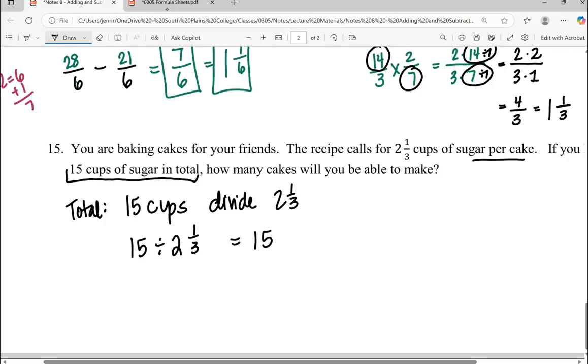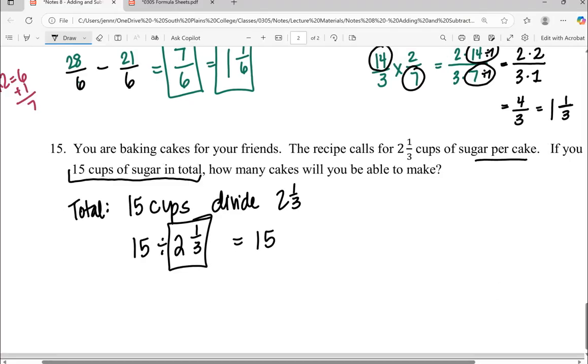First, let's take care of translating or converting that mixed number into an improper fraction. 2 times 3 is 6. If I add that top one to it, there's 7 parts, meaning I have 7/3 in all.